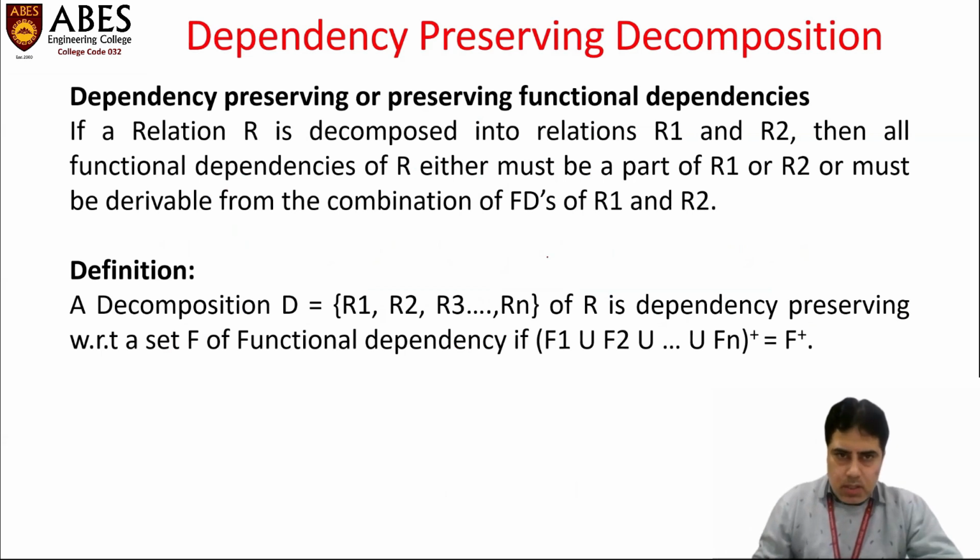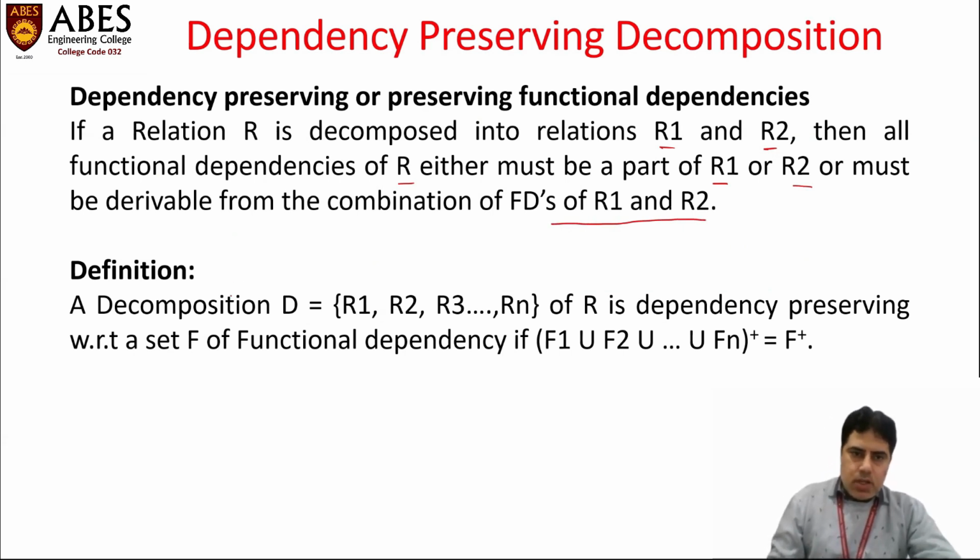Dependency preserving decomposition: if a relation R is decomposed into relations R1 and R2, then all the functional dependencies of R either must be a part of R1 or R2, or must be derivable from the combination of both relations' FDs.